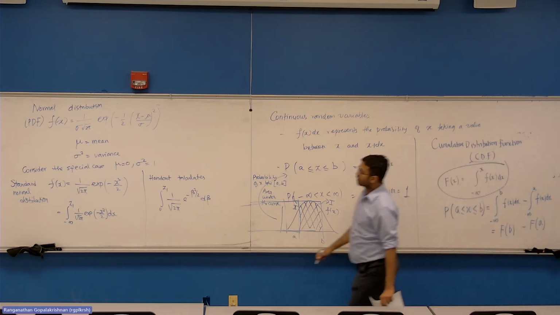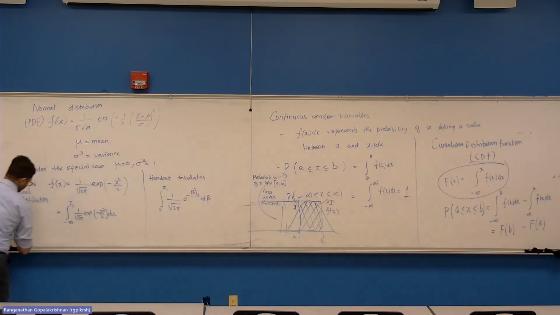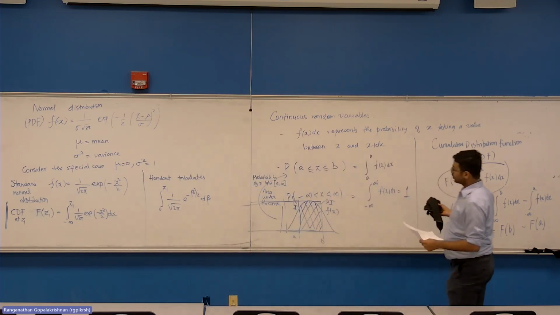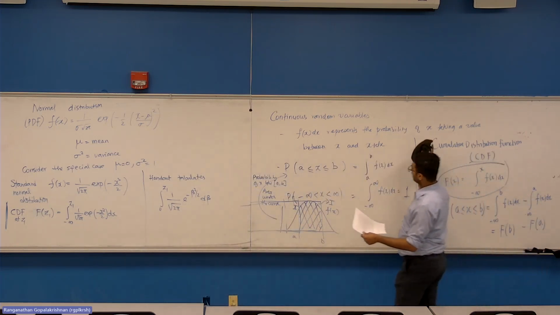So this is nothing but the CDF, the cumulative distribution function at Z1, or we'll write this as F of Z1. Remember this, okay? We are going to use this to solve the problem. All right, I'm going to keep quiet for 2 minutes, give you a question and ask you to calculate the answer, okay?